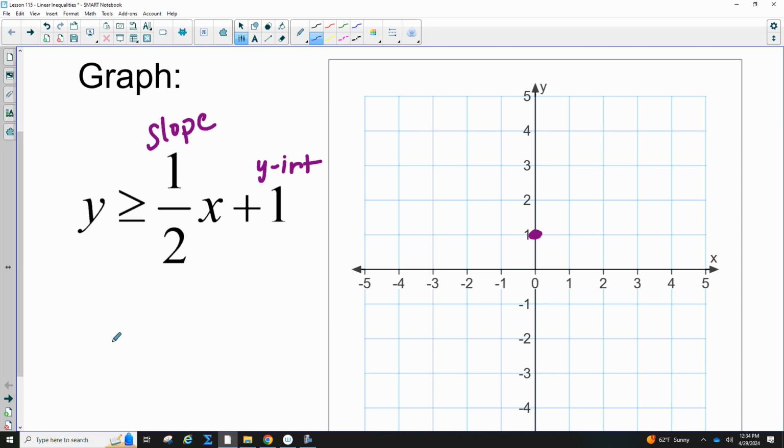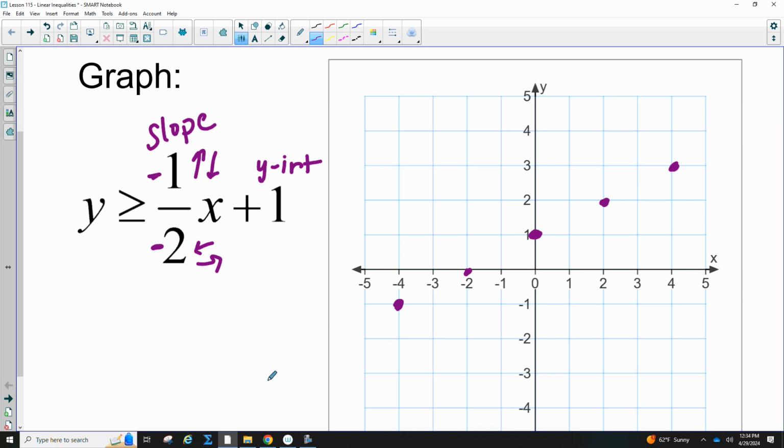Hopefully you remember the top number goes up or down, and the bottom number goes left or right. Positive, positive. So we start at 1 and go up 1 because it's positive, and right 2 because it's positive. This is the same thing as negative, negative, which is still positive, so you can go down 1, left 2.